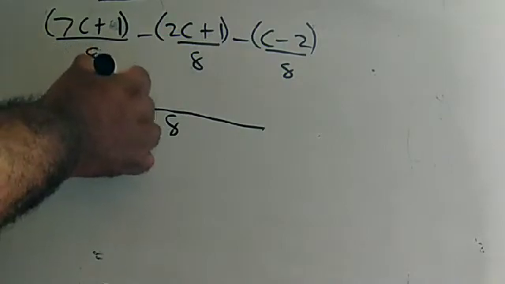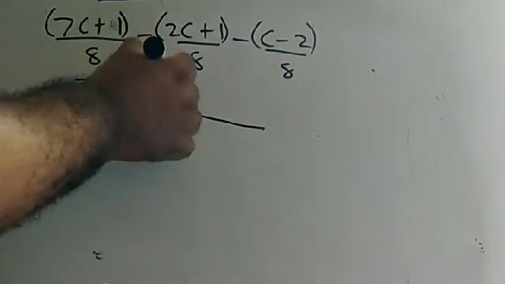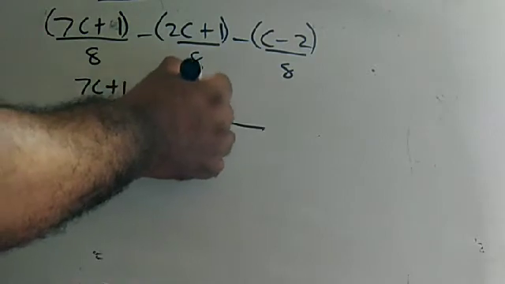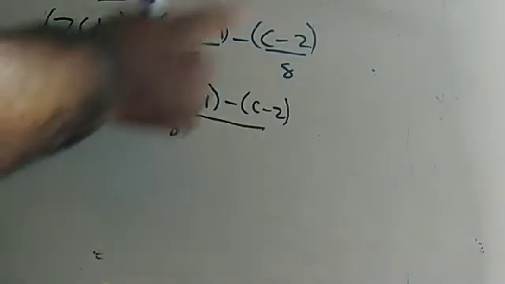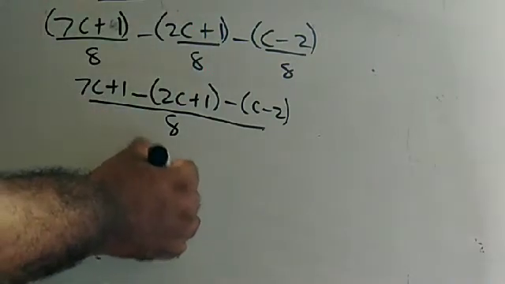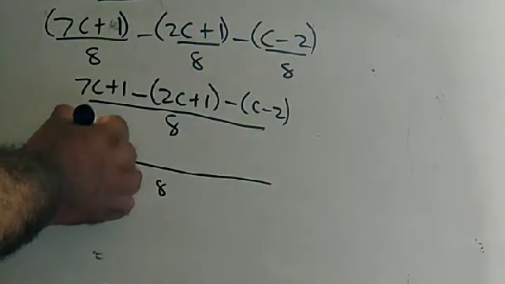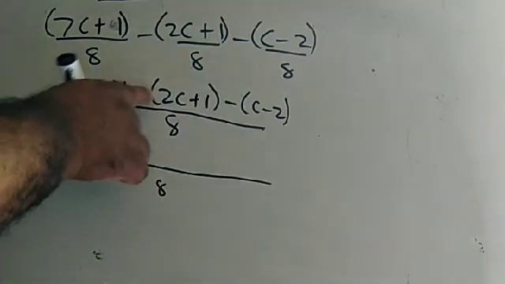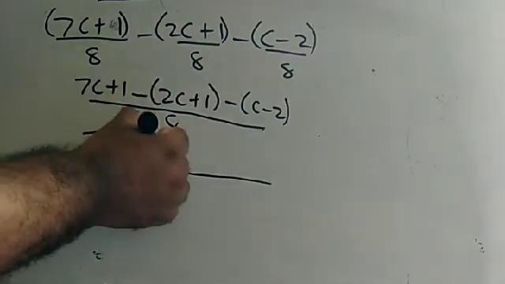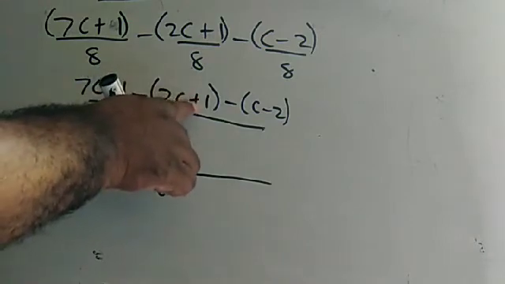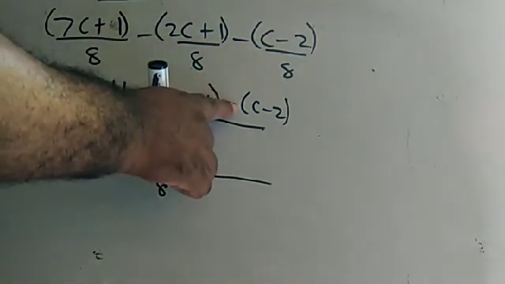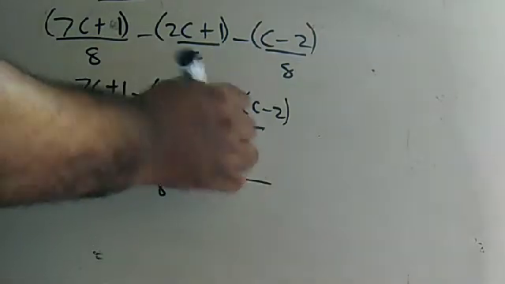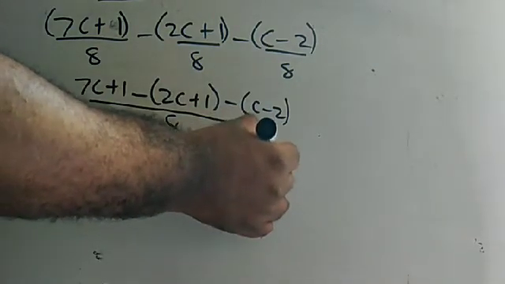Now let's simplify like this: (7c + 8) - (2c + 1) - (c - 2), with brackets, over 8. Now remove the brackets: 7c + 8, minus 2c, minus 1, then minus c, minus times minus is plus 2.